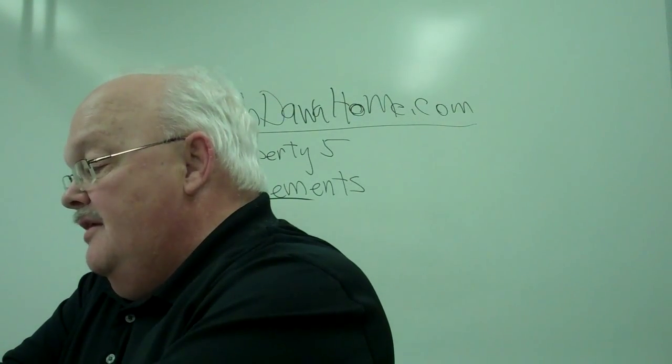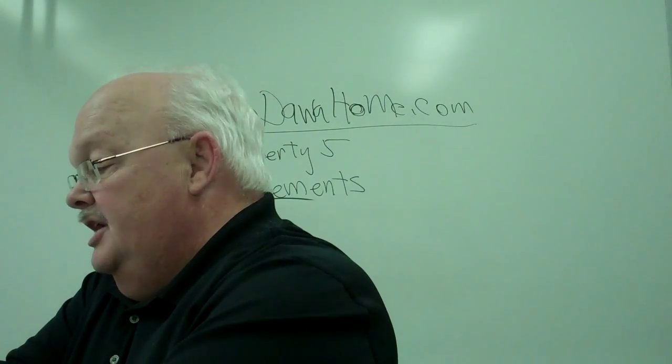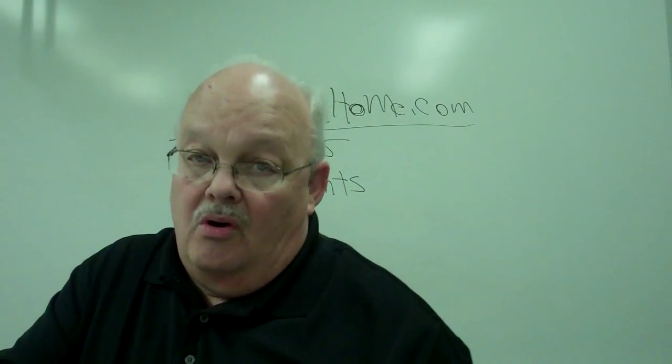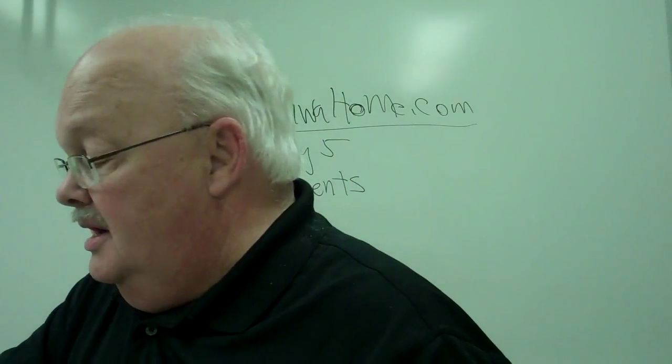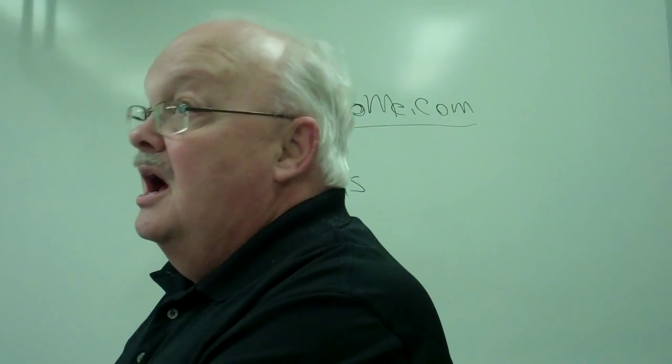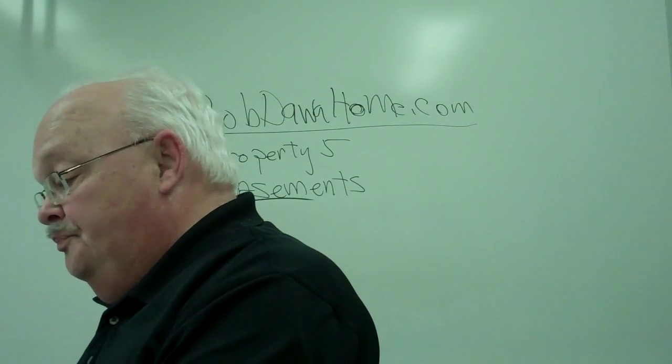The land that benefits by an appurtenant easement is known as the dominant tenement, and I covered that before. The dominant tenement is getting the benefit. The servient tenement is giving up the benefit.